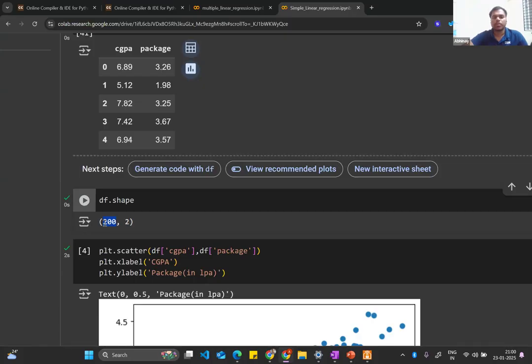If you train a deep learning model, it won't give you that good accuracy. That is the difference between deep learning and machine learning.